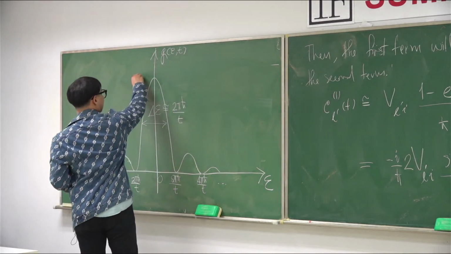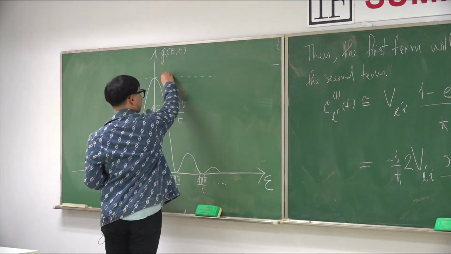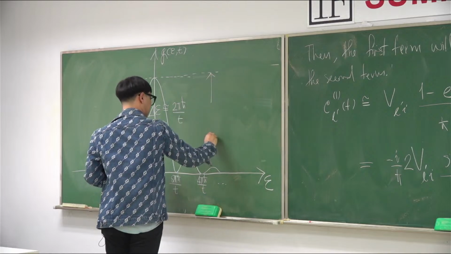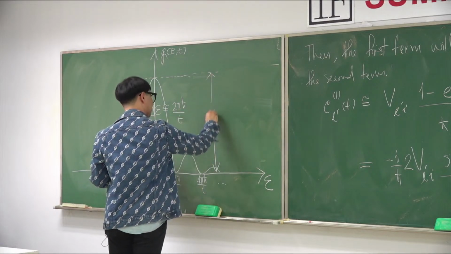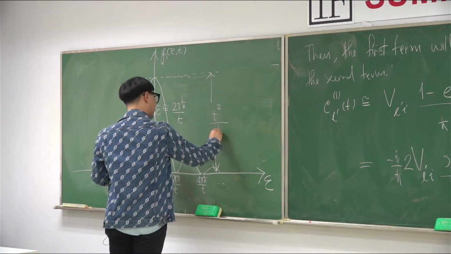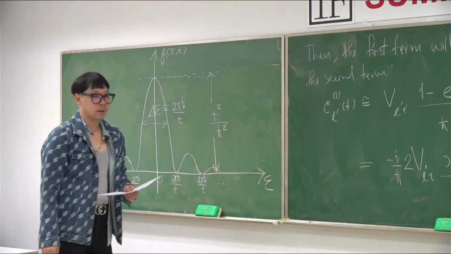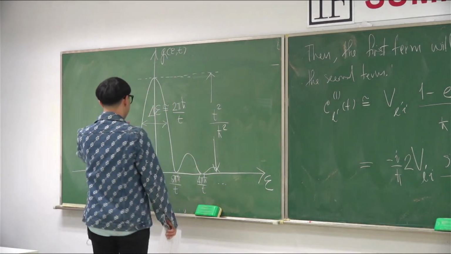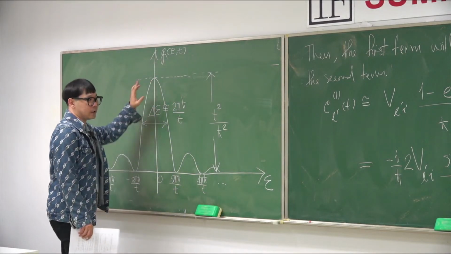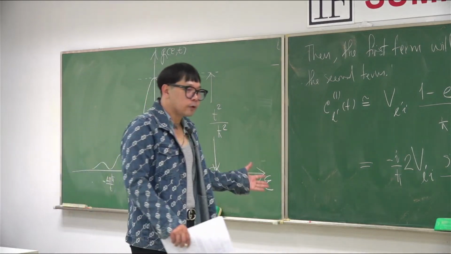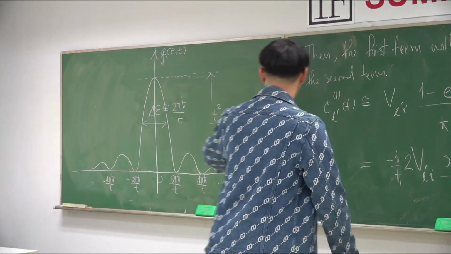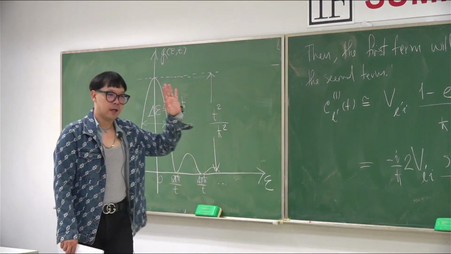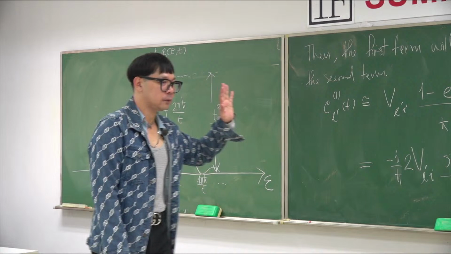And the height of this function is this one. So it's not difficult. If you want to compute the peak, the height of the peak of this function, what do you need to do? What you need to do if you want to compute the peak, I mean the height of the peak of this function? How to do that in principle?